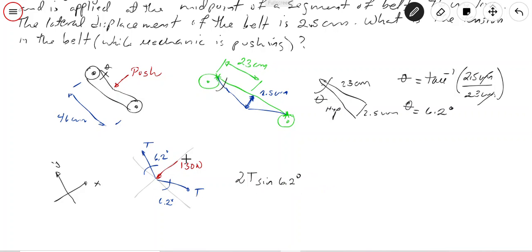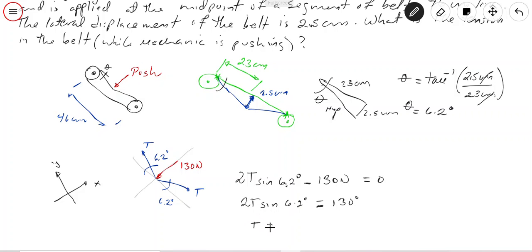Now the pushing force is in the opposite direction, so this is a minus 130 newtons. We have no more forces acting there, so now we can say that 2T sine of 6.2 degrees is equal to 130 newtons.